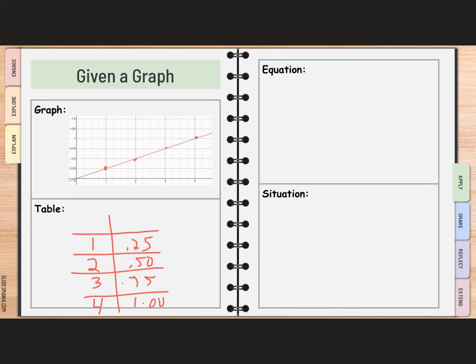So that means I must be comparing something that costs maybe 25 cents, okay? Well, and I also see that if I have 0 of that product, it's gonna cost me nothing. So I'm gonna just say I'm buying, what's something that costs 25 cents? Well, I'm gonna say something that might cost 25 cents is a candy, or gum, right? If I'm looking at a pack of gum, okay, and the cost, I'm going to go with that.